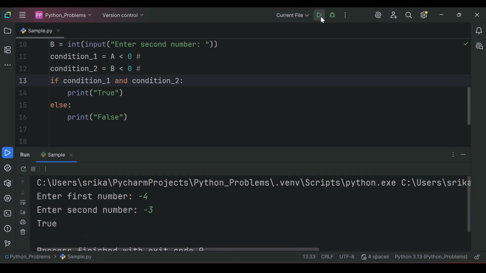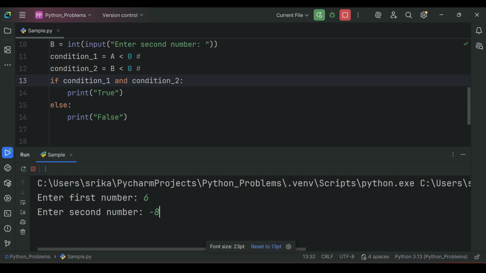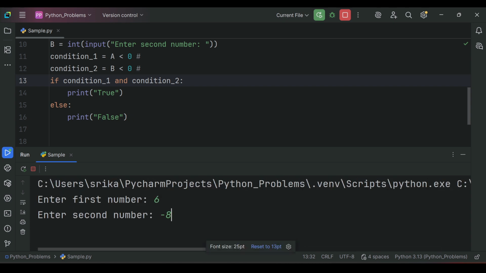Now a I am giving one positive number 6 and b I am giving one negative number -8. Here see, 6 is a positive number, that's why it's false. -8 is a negative number, it's true. One false and one true. False and true will become false.